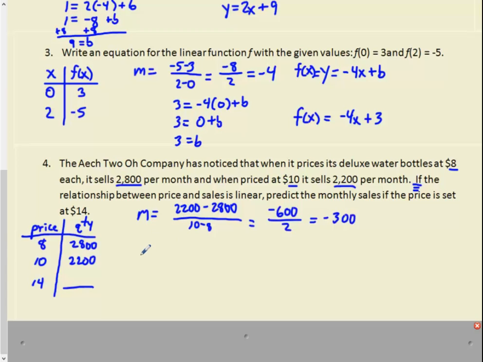If we didn't spot that, then we would have something like this: y equals negative 300x plus b, and then we want to calculate the y-intercept here.